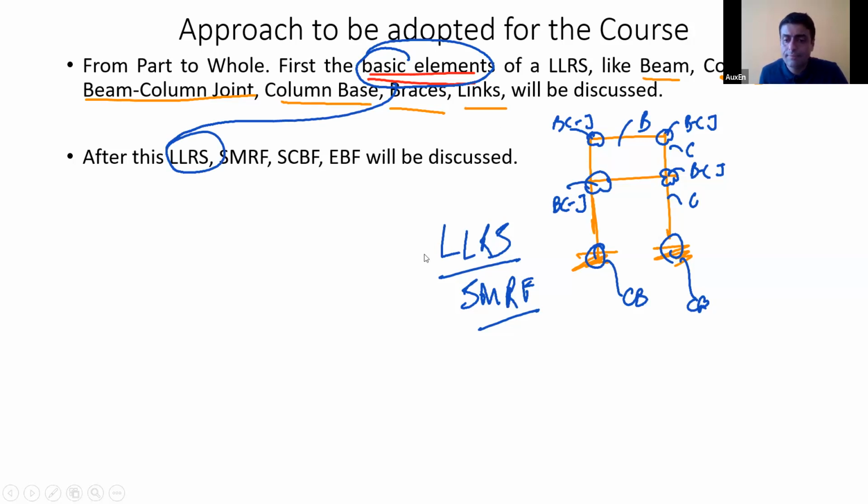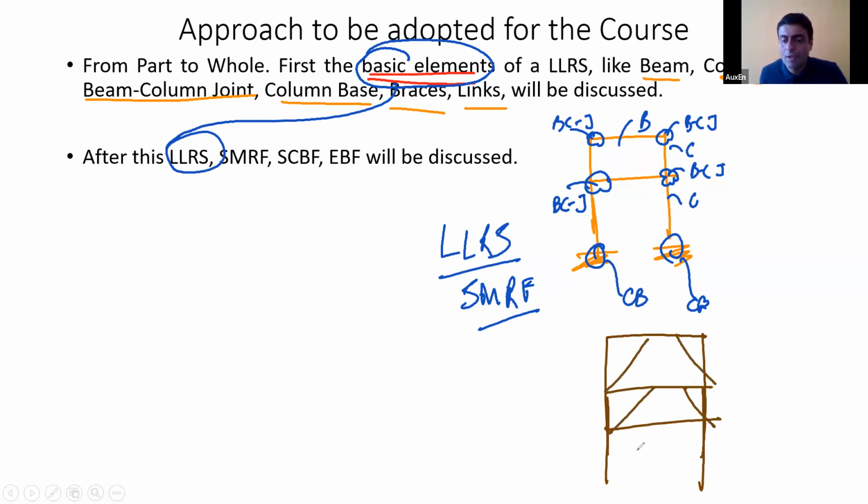Let's say we integrate all these elements together. This is my beam, this is my column, this is my column base, this is my beam column joint. These are my structural braces, and this is my link.